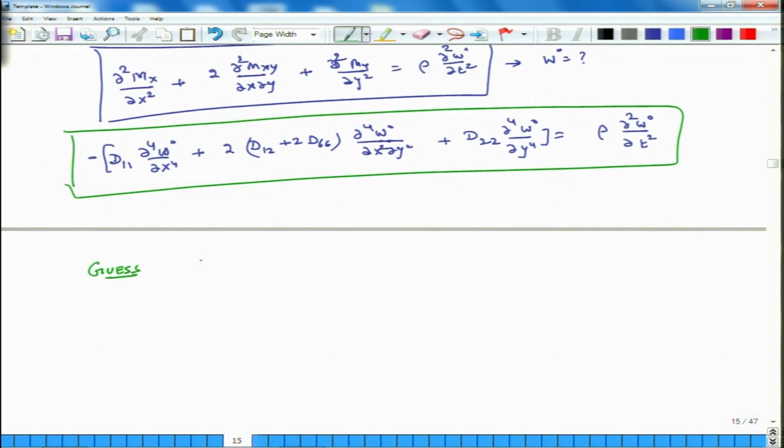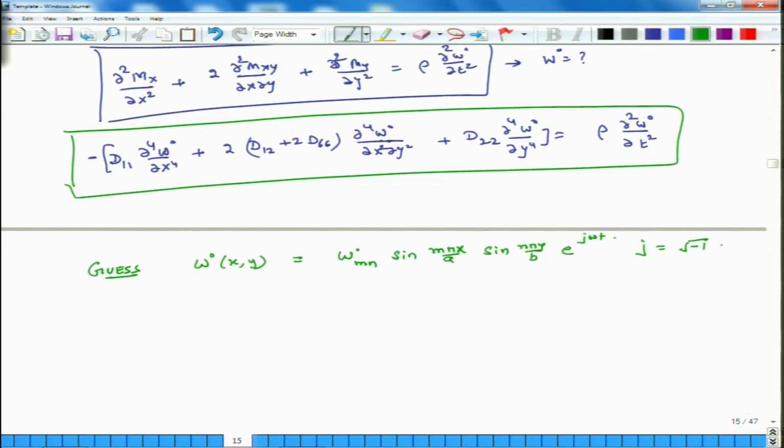So, we guess that w naught of x y equals w naught mn sin m pi x over a, sin n pi y over b, times exponent j omega t, where j is equal to square root of -1.